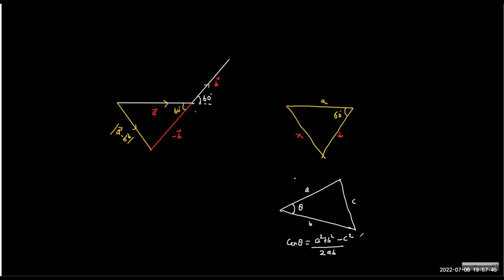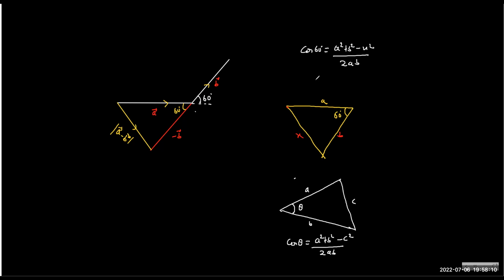And once you use this formula, see, I'm done. Why am I done? I can apply this concept here. Cos 60 must be equal to how much? A square plus B square minus X square, over 2AB. Why? That 60 degrees is between A and B. So we square and add, we subtract the opposite side X square, and we write 2AB. We are done.